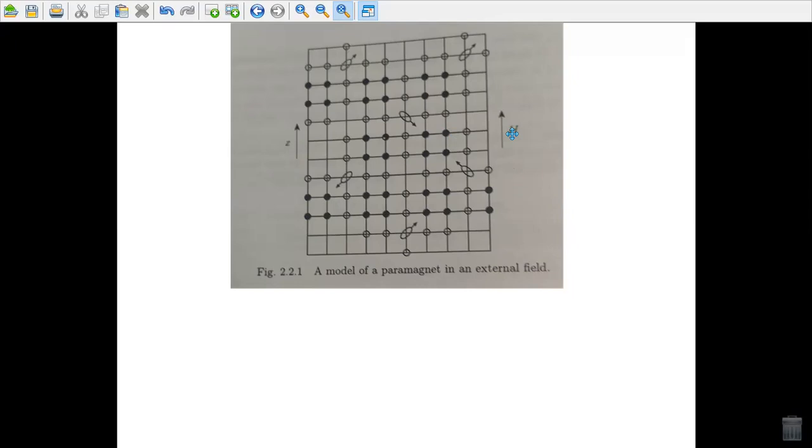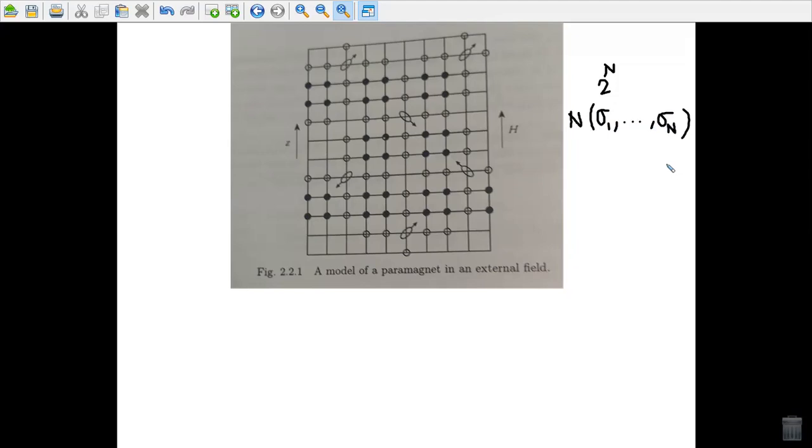This system has 2 to the power N microscopic states, right? Each of them is characterized by N numbers, that is sigma_1, sigma_2, up to sigma_N, which determine the projection of each spin.